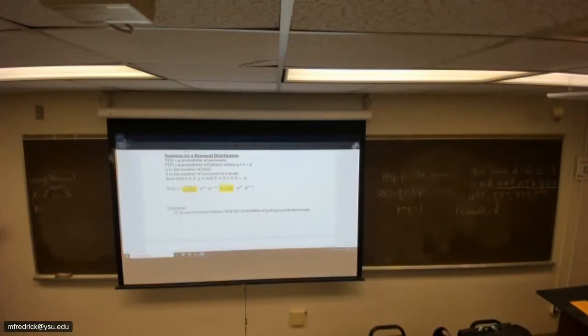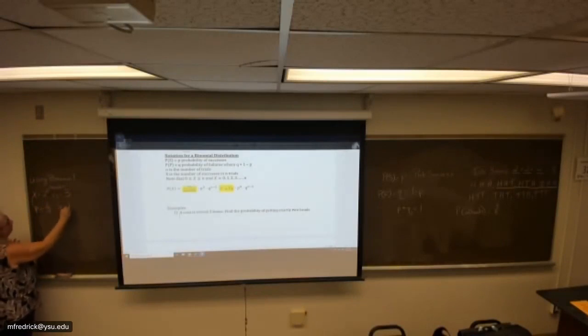So we're finding if we toss it 3 times, that's why N is 3, and we want to get 2 heads. The probability of a success, or the probability of a heads, is 1/2. The probability of failure is 1 minus that.